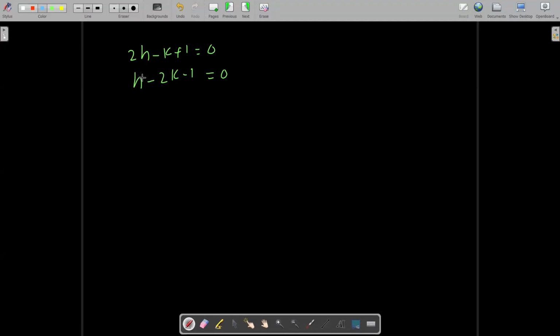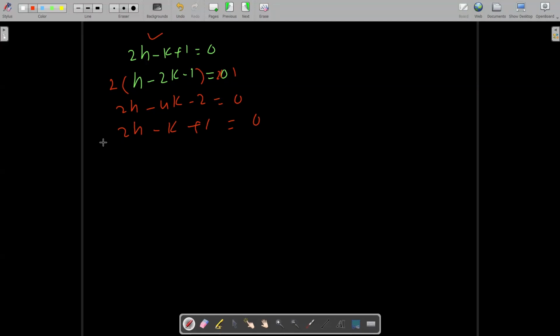So to solve these two equations, we can use the coefficient method. We can multiply the second equation by 2. If you multiply this equation by 2 on both sides, it's going to be 2h minus 4k minus 2 equals 0, and the top equation is the same, 2h minus k plus 1 equals 0.